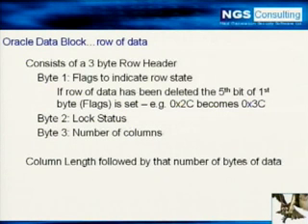That way, very quickly, we can ascertain whether a given row has been deleted or not. The second byte we can ignore for the purposes of this discussion, but byte number 3 tells us the number of columns in the given row. After that, the row data itself occurs.